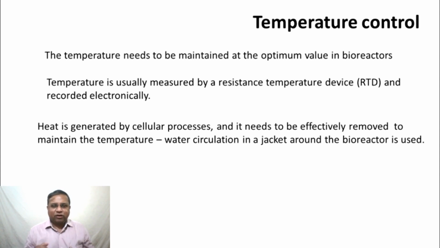It's a little difficult to have heating by an electrical element or something like that, because the heating element would reach very high temperatures, and cells that come in contact with that heating element could be dead if such a system is used to maintain temperature. It's not normally done. Usually it is done through control of the jacket water temperature.